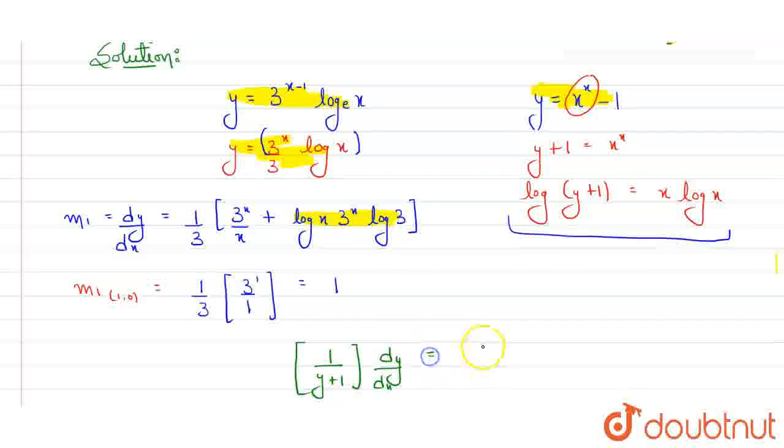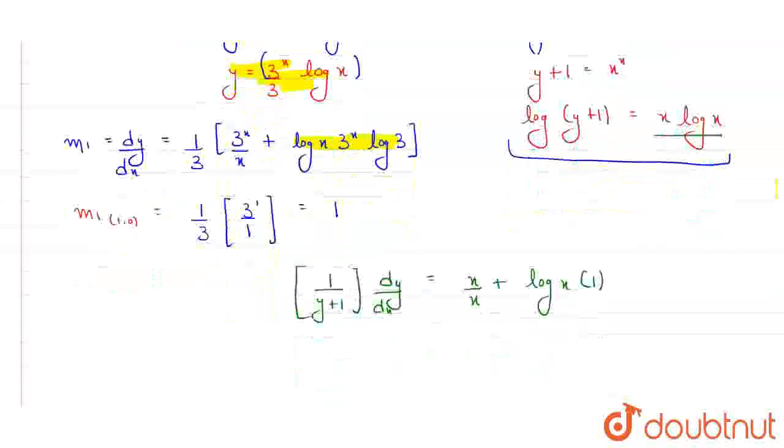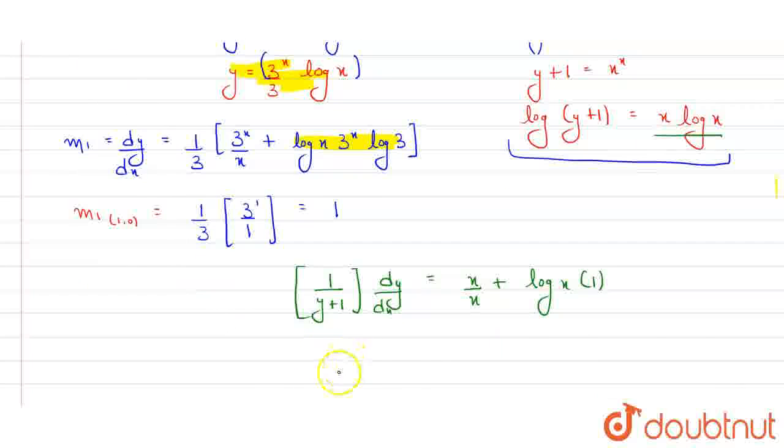Now I'll use the product rule for the RHS: first function as it is, plus the differentiation of the second function x times log x, and the differentiation of x is 1. If I shift y + 1 to the RHS, I get dy/dx, my m2 value, which equals (y + 1)(1 + log x).